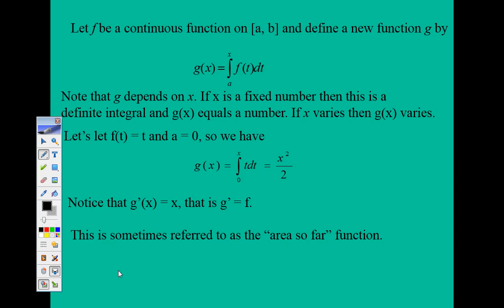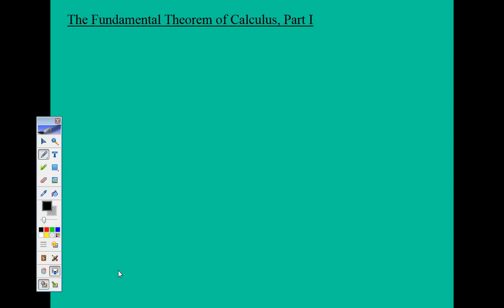So we had t dt as our integrand. Our integrand is t. When we took the derivative of g of x, we got back just x, because we went through the process of finding the antiderivative, and then we used the fundamental theorem, which gives us a function of x, x squared over 2, but then when we take the derivative of g of x, we simply get x, which is the same as our integrand, but only in terms of x.